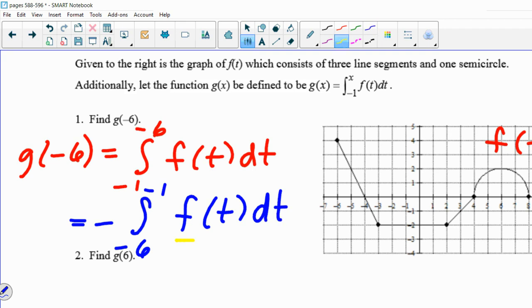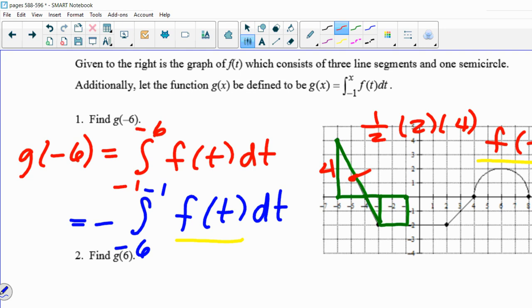Now, because I am integrating a function whose graph I have, that's area. So I need the area under this curve from -6 to -1. So I need this, and I need this. Now I'm going to break that into a square and a triangle. This is a triangle, 1/2 of the base, which is 2, times the height, which is 4. I think the area of that piece is 4.